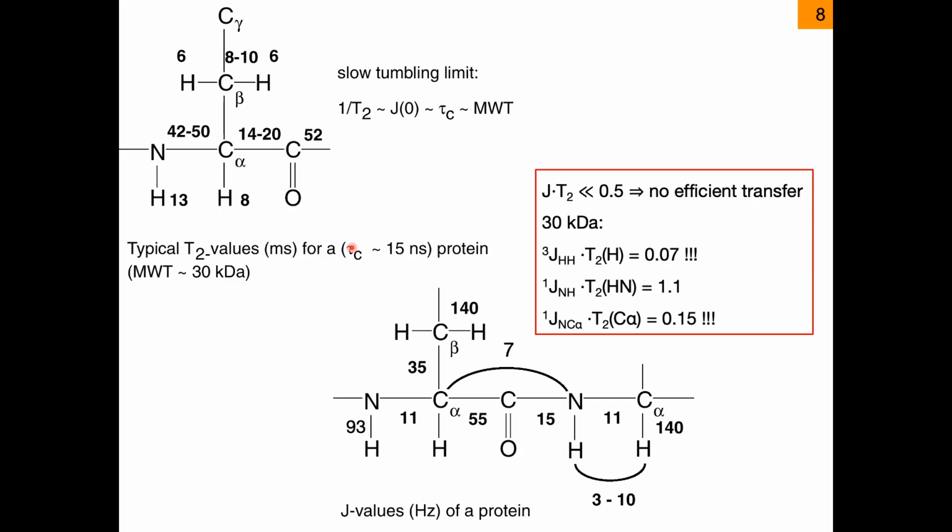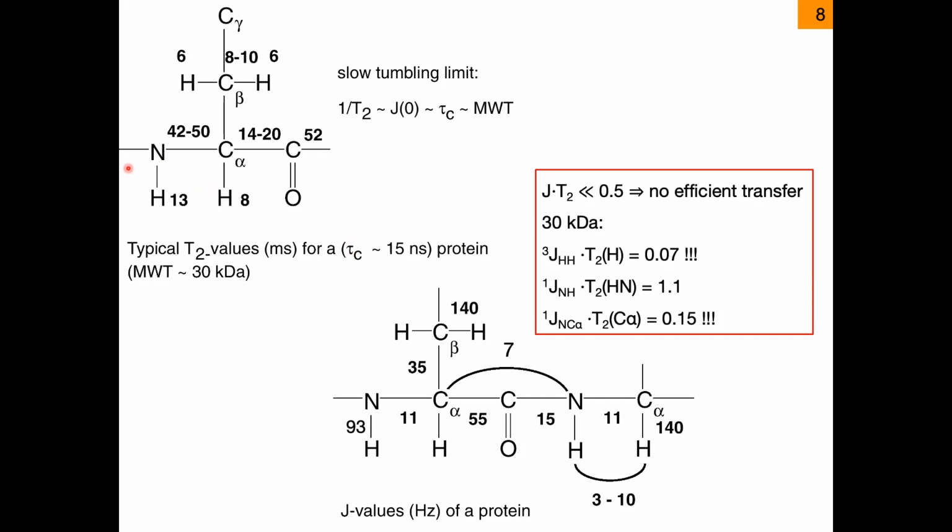So the rotational correlation time in nanoseconds of a biomolecule, let's say in kilodalton, at room temperature in water, is half the value of kilodalton in nanoseconds. So if I have a 30 kilodalton molecule, the rotational correlation time is 15 nanoseconds, roughly, more or less. So if I would go now to 60 kilodalton, I would double the tau c, and then I would expect that the amide proton T2 goes down to 6.5 milliseconds.